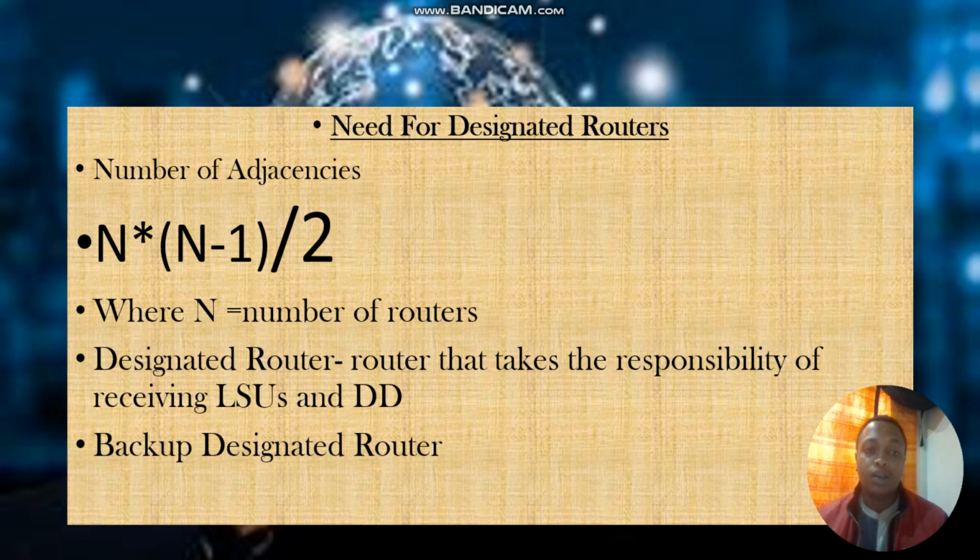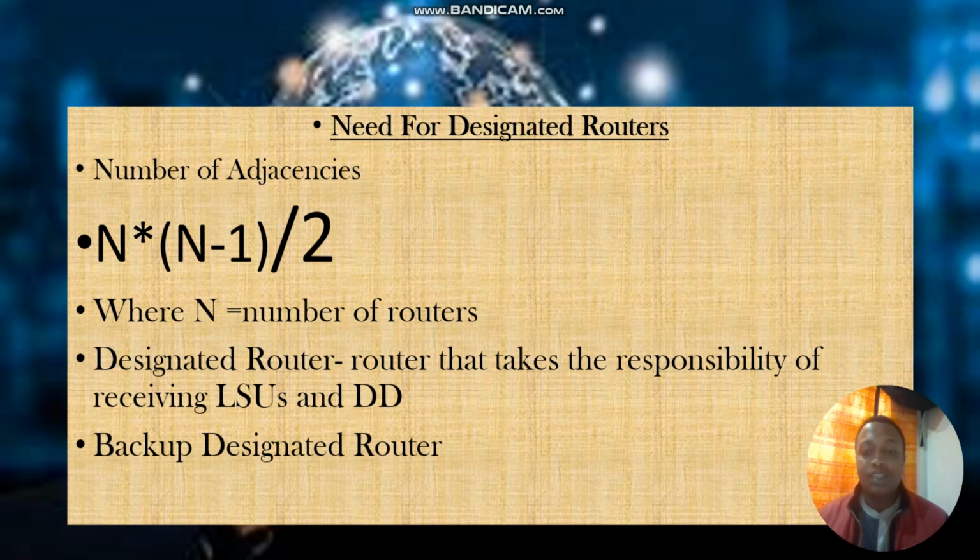Now, the way we calculate the number of adjacencies in a network is n multiplied by n minus 1, and all of that you divide by 2, where n is the number of routers.